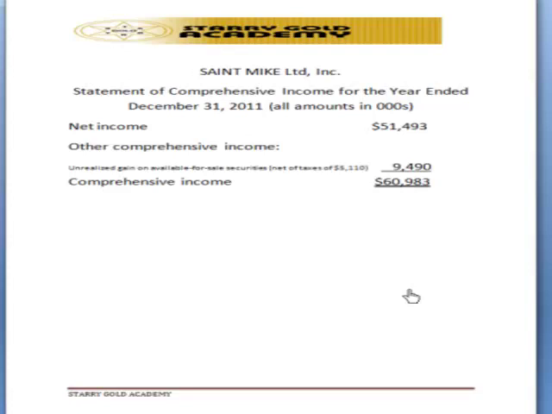Then other comprehensive income will be added to it, which is unrealized gain on available for sale securities, and that is it. It is net of tax. So the total comprehensive income is 6,983.